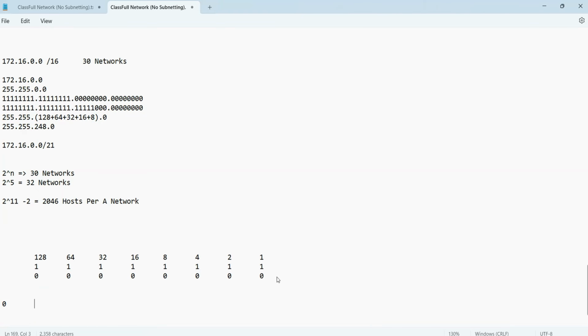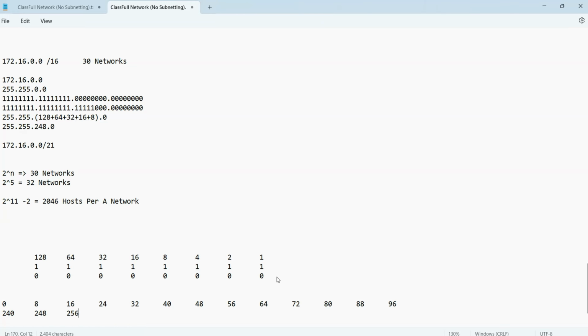All right. 0, 8, 16, 24, 32, 40, 48, 56, 64, 72, 80, 88, 96. Eventually, 8 times 30 is 240. So eventually it's going to reach 240, then 248, then 256. See that? These are the actual networks. So I get 30 networks.